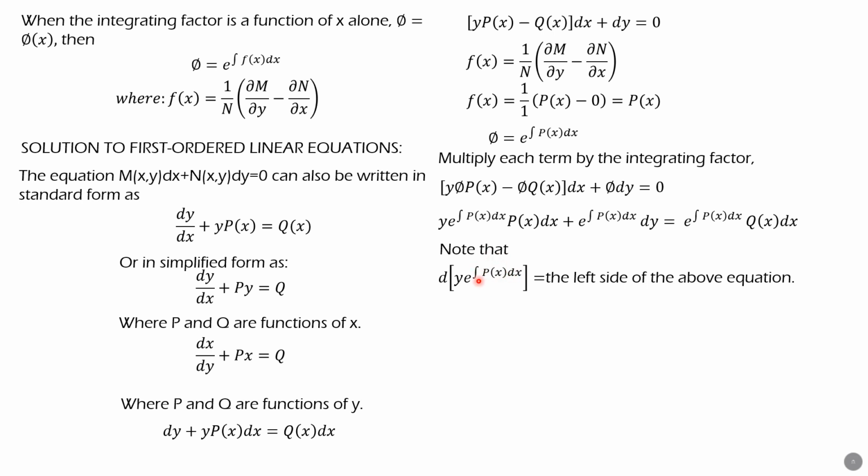The differential of the integral cancels the effect, so we just copy P of x dx. Then plus e to the integral of P of x dx, and the differential of y is dy. So the differential of this expression is the left side of the equation, and that is equal to e to the integral of P of x dx times Q of x dx.